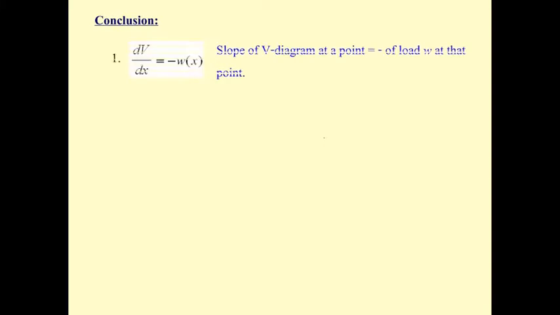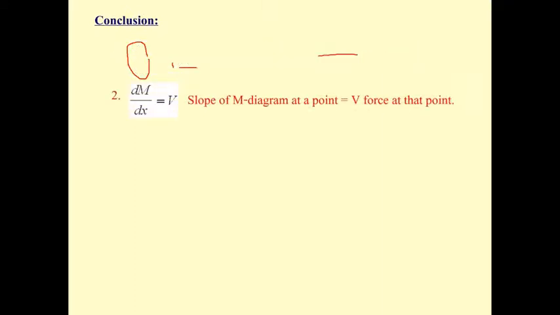So we have the conclusion here. The first one: the slope of the shear diagram at a point is equal to minus the distributed loading at this point. And second, the slope of the moment diagram at a point is equal to the shear force at that point.